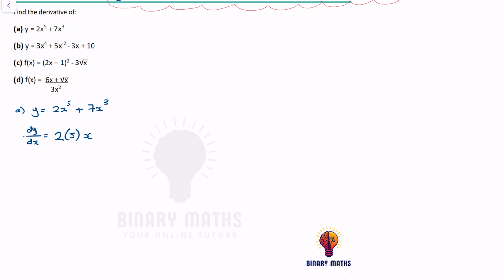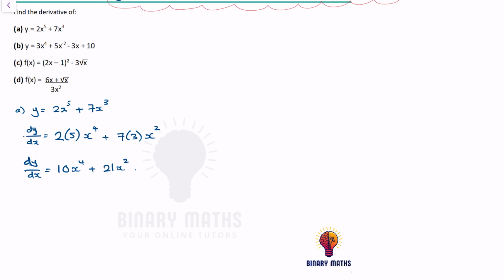The power decreases by 1, so it's x to the power of 4. Plus 7 stays as a multiple there. The 3 drops to be the coefficient, and the power decreases by 1. Now if we simplify this, 2 times 5 gives me 10x to the power of 4, plus 7 times 3 gives me 21x to the power of 2. And I can't simplify anymore, I'll leave it like that.